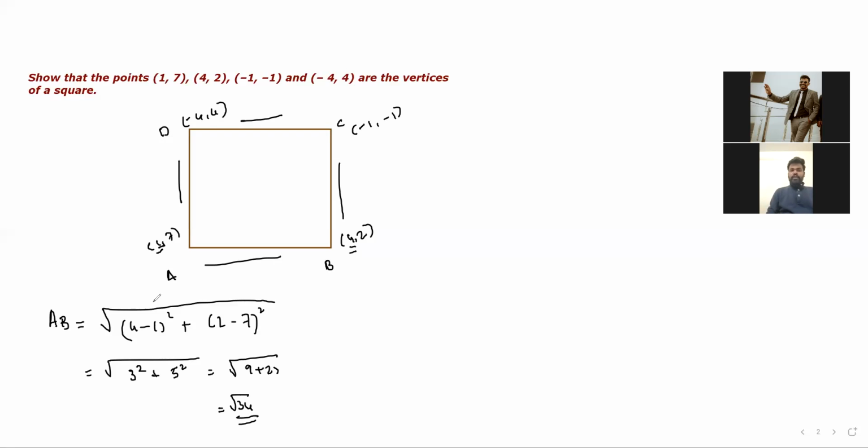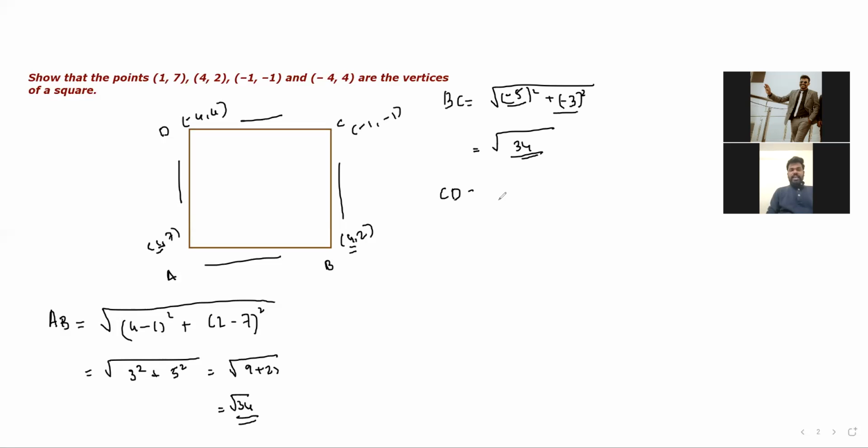Similarly, you need to find BC. While finding BC, we use the same formula, and we get (-1 minus 4), that is -5, the whole square, plus (-1 minus 2), that is -3, the whole square. We get the same answer, 25 plus 9, that is root 34. So BC is root 34.